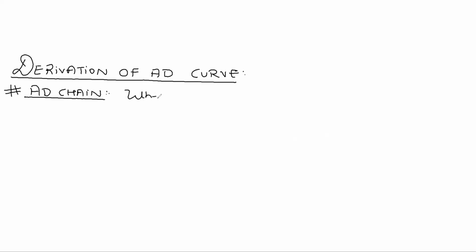When price falls, what happens? All of us know that when price falls, M by P, which is the real supply of money, increases. When P falls, P is in the denominator, so M by P rises.